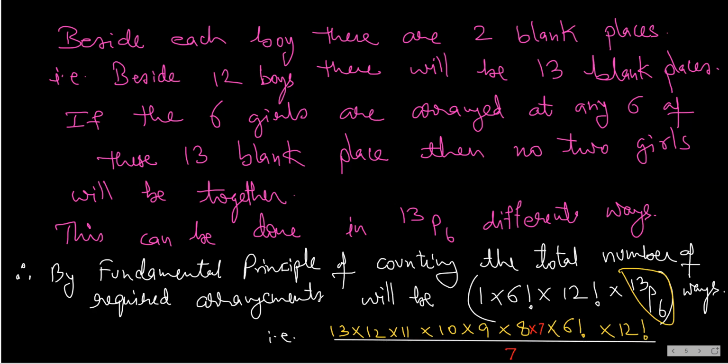If you start from 13, you have 13 into 12 into 11 into 10 into 9 into 8 into 7 into 6 factorial. So this is total 13 factorial, from here to here.